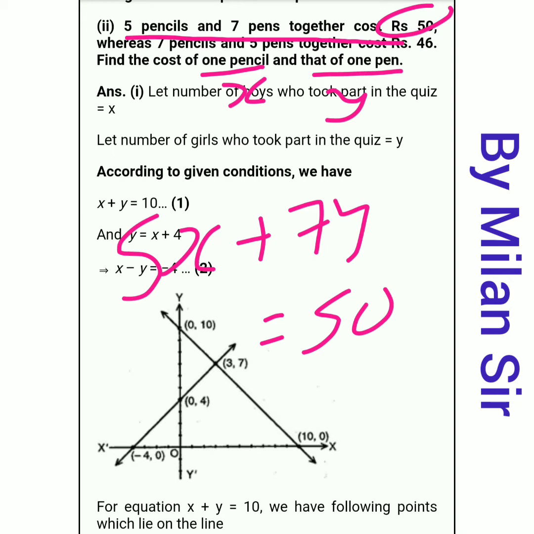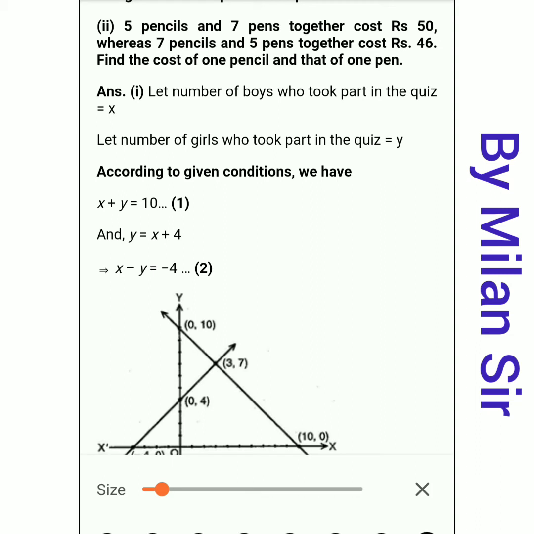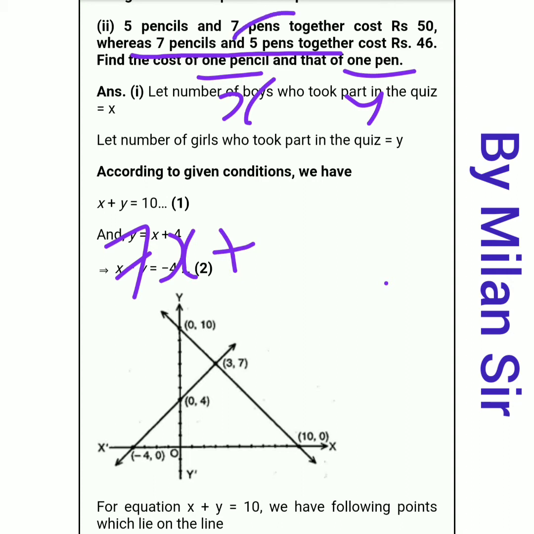Now for the second equation, just read the second line. 7 pencils and 5 pens. Now cost of one pencil is x and cost of one pen is y. So cost of 7 pencils is 7x and cost of 5 pens is 5y, right? Similar things.